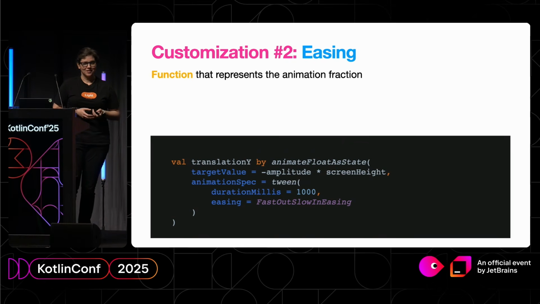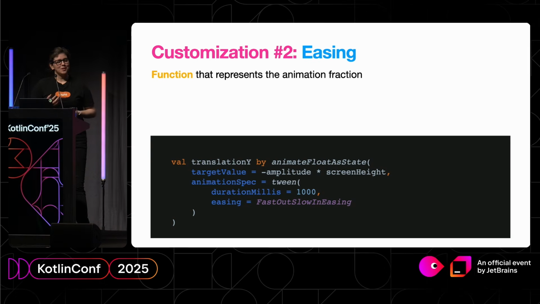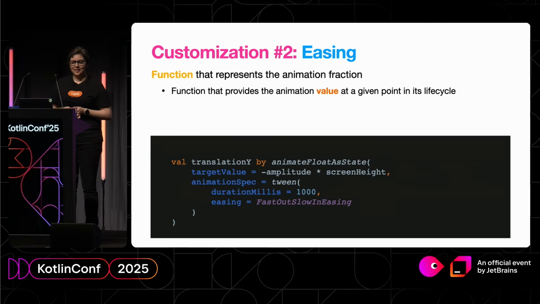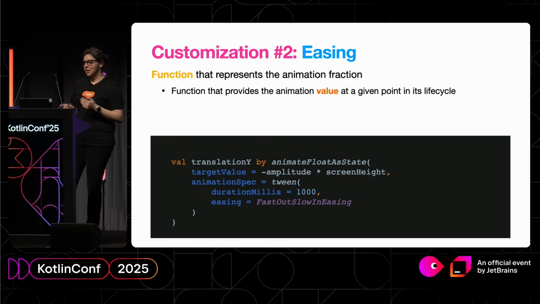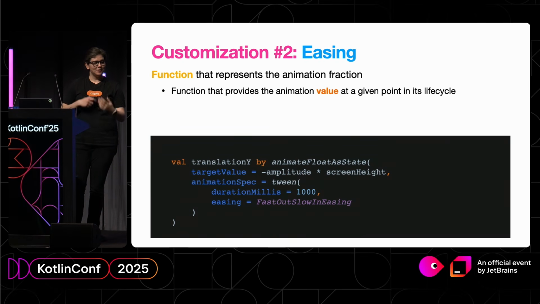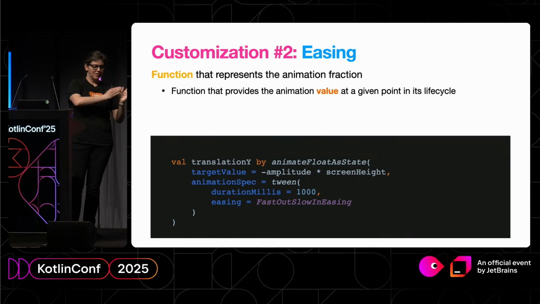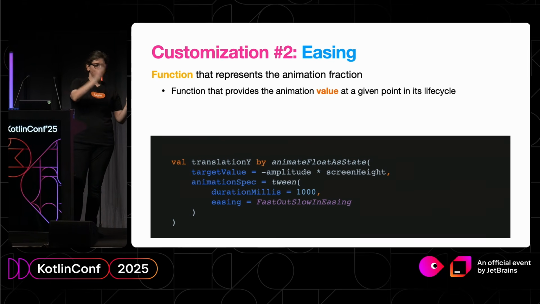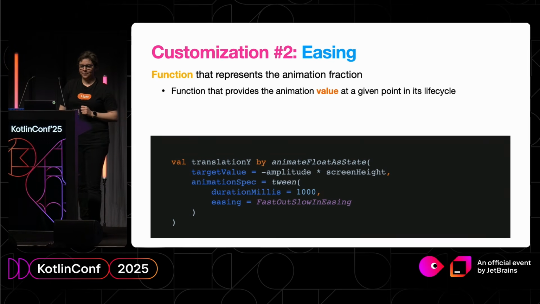We're again talking about fractions. Another way to explain this is that it's a function that provides the animation value at a given point in its life cycle. You may have started to see a trend here, right? At the end, all animations are basically: I am giving you this time, this is your start, this is your end, give me in which point you are, and give me that value.